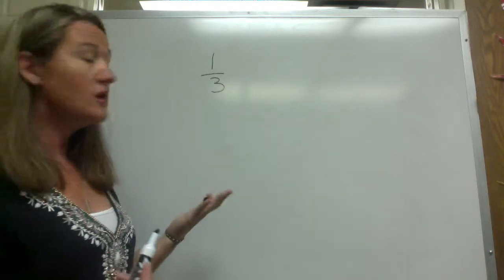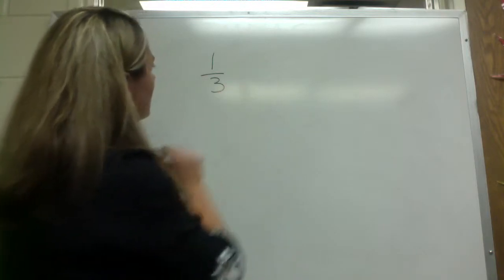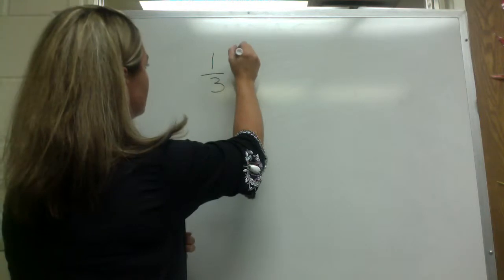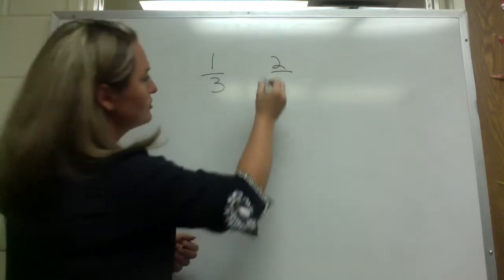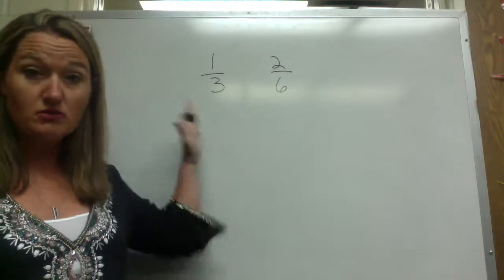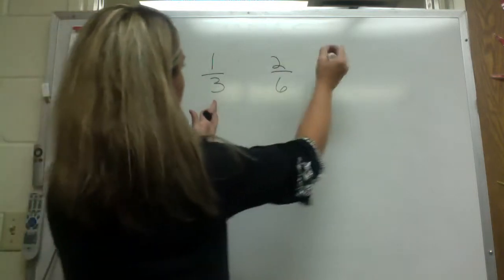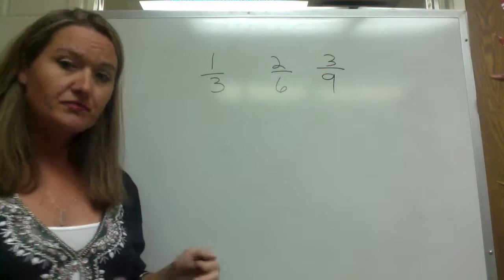The best way to do this is, well, 1/3, let's go ahead and double it. 1 times 2 is 2, 3 times 2 is 6. We've doubled it. 2/6 is the same as 1/3. Maybe let's triple it. 1 times 3 is 3, and 3 times 3 is 9.